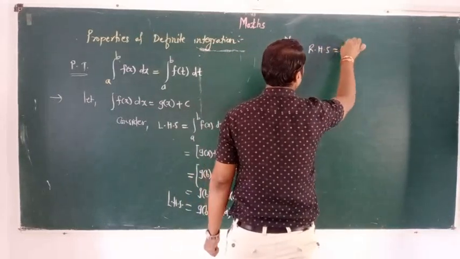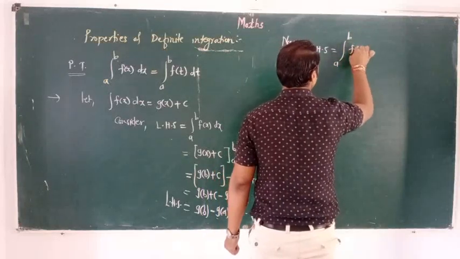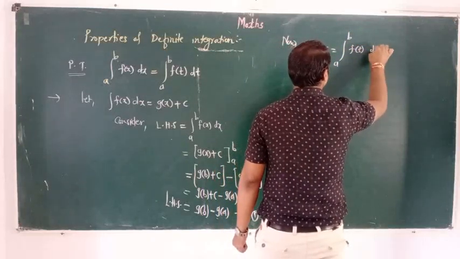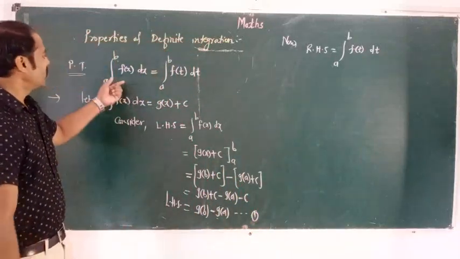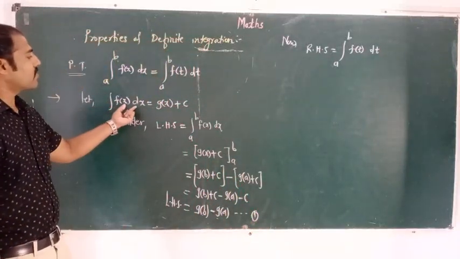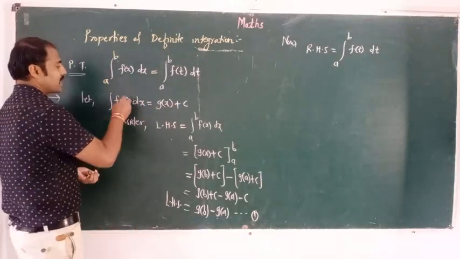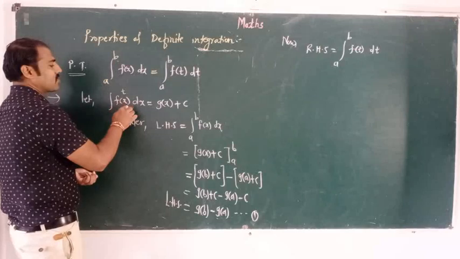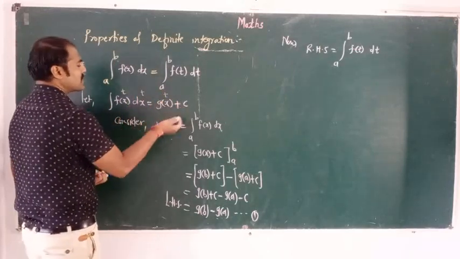RHS is the integral from a to b of f of t dt. Now we know that integration of f of x dx is g of x plus c. If we replace x by t, then integration of f of t dt is equal to g of t plus c.